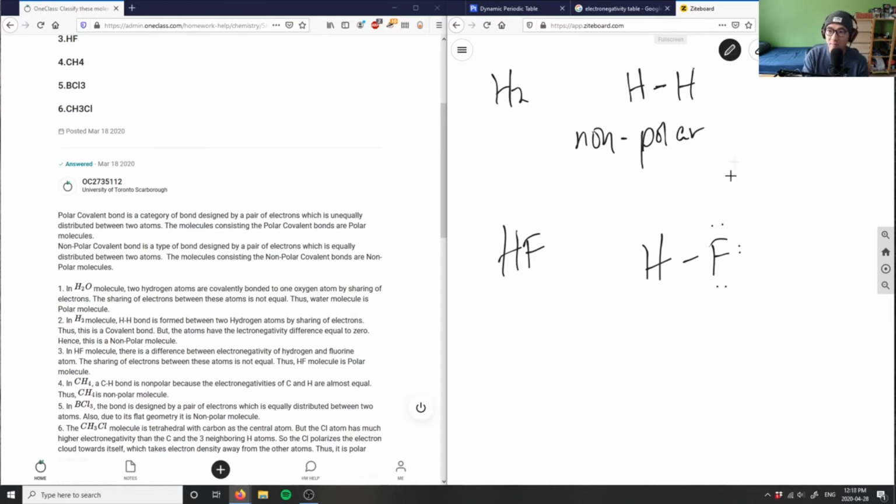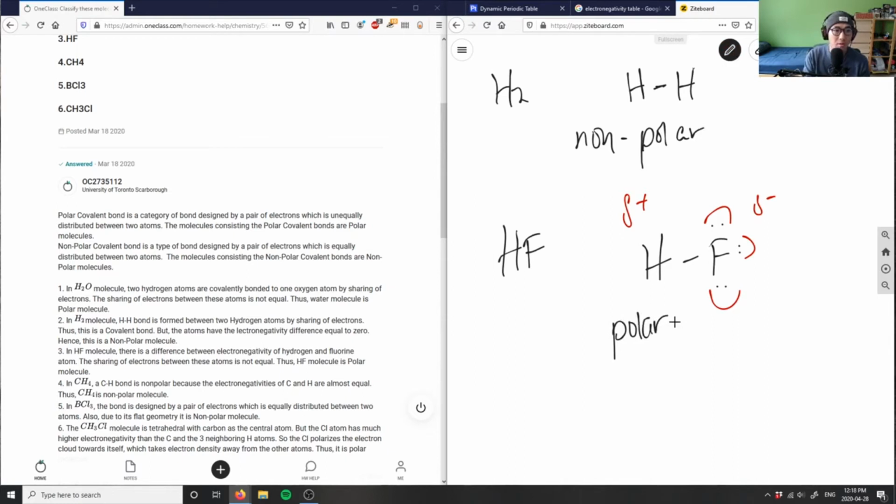These 6 electrons are not participating in bonding. These are all lone pairs. We have 3 pairs of lone pairs, right? So again, this here is a partial negative, and this here would be a partial positive. Fluorine is highly electronegative, and the difference in electronegativity is so big. Therefore, this would be a polar compound.